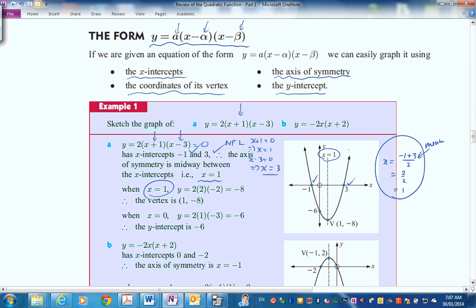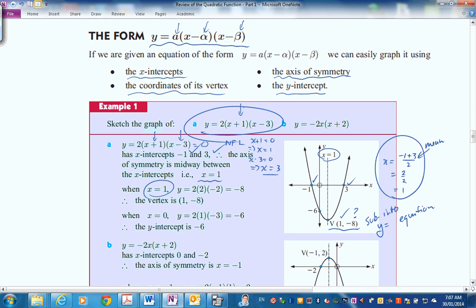Now if we want to find the vertex down here, we've got the x value. How do you get the y value in any function? You substitute into the equation, into the y equals equation, because that's what an equation is, isn't it? The y equals expression is the rule that all y's must obey so that they form the particular shape, in this case a quadratic or parabolic shape.